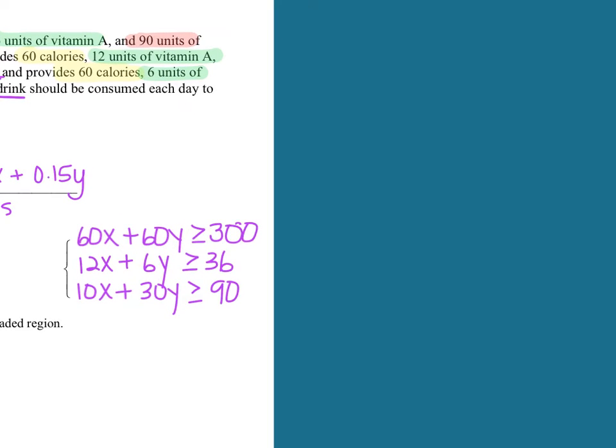Okay, using my technique of intercepts. So in this case, X would be 5 and Y would also be 5. For the second equation, X would be 3 and Y would be 6. And for the final equation, X would be 9 and Y would be 3.